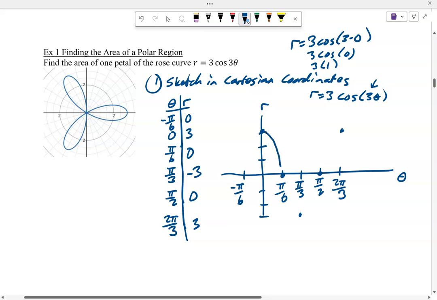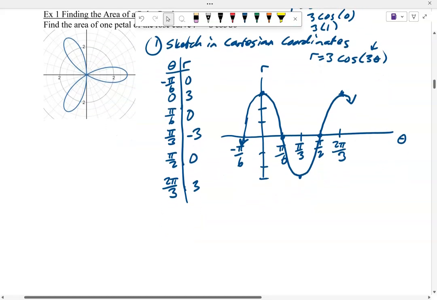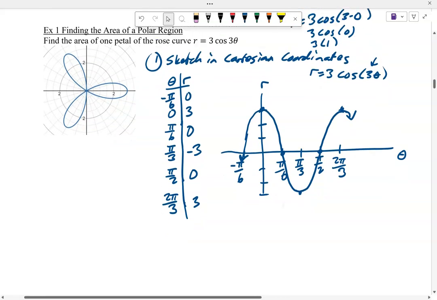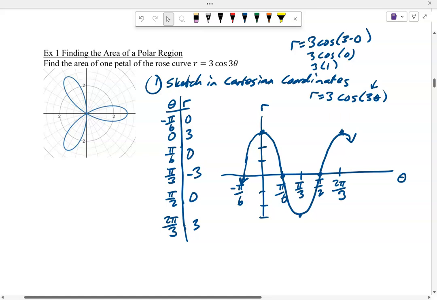So here's our initial 1 period of that. And of course, it keeps going, and so on. So what I'm trying to show you here, now let's make the connection to the visual.